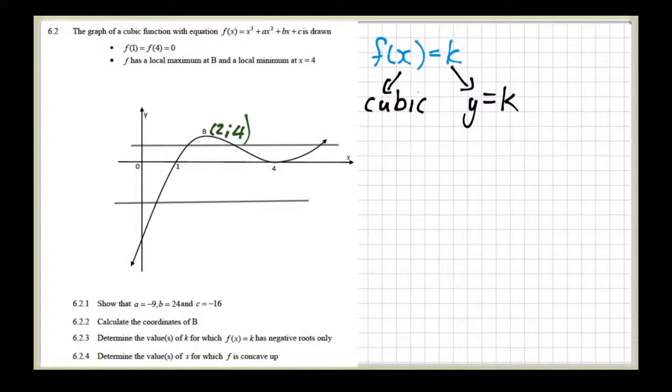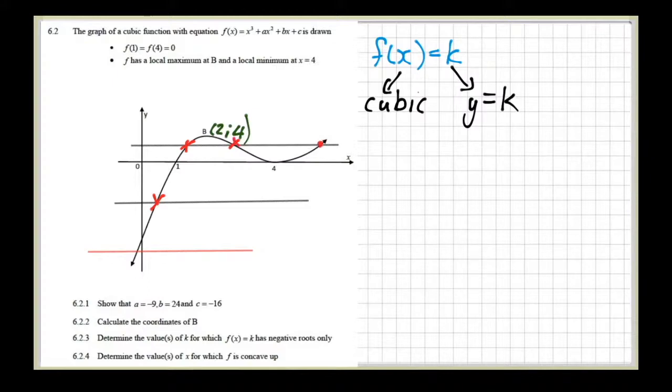So in other words, if they're asking me where the intersection has got negative roots, it means that they intersect where the x values are negative. Now, where do they intersect where the x values are negative? Well, I can see down here, they intersect on the positive side. I don't want that. They intersect twice on the positive x's.